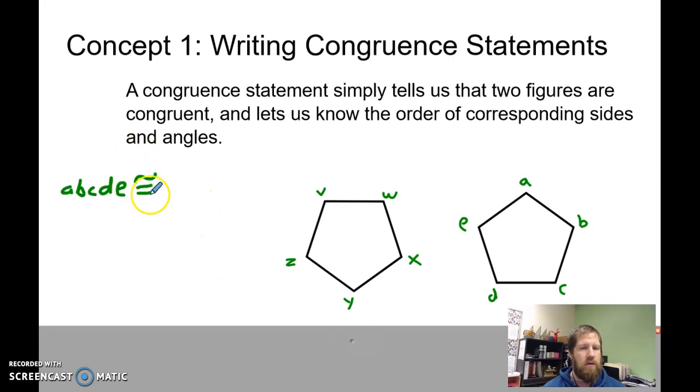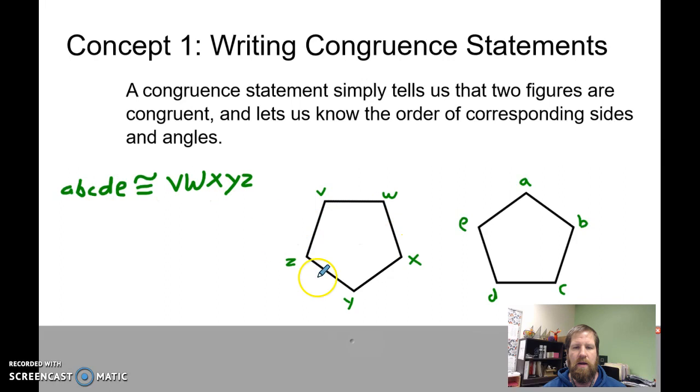That's the congruent symbol. And then we'll line it up with this one. So A, B, C, D, E is going to be congruent to V, W, X, Y, and Z.